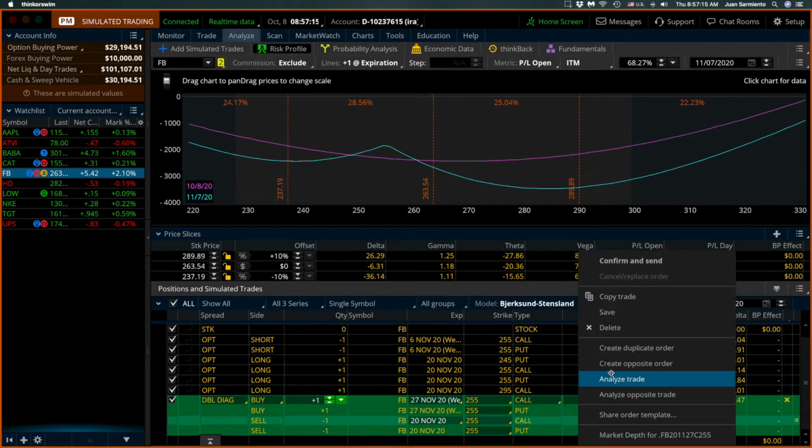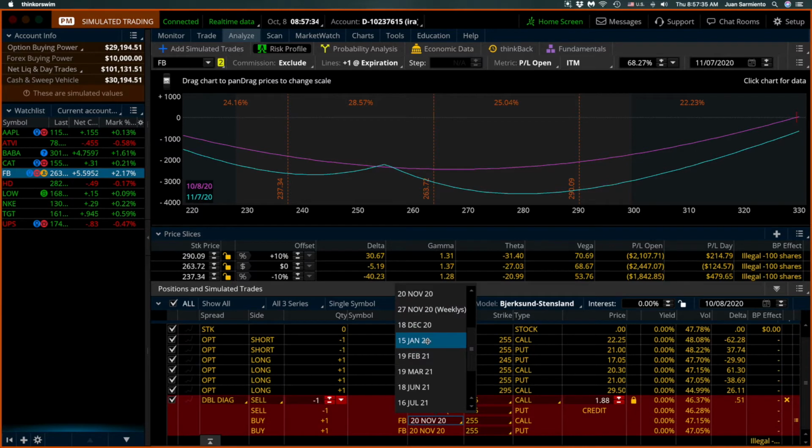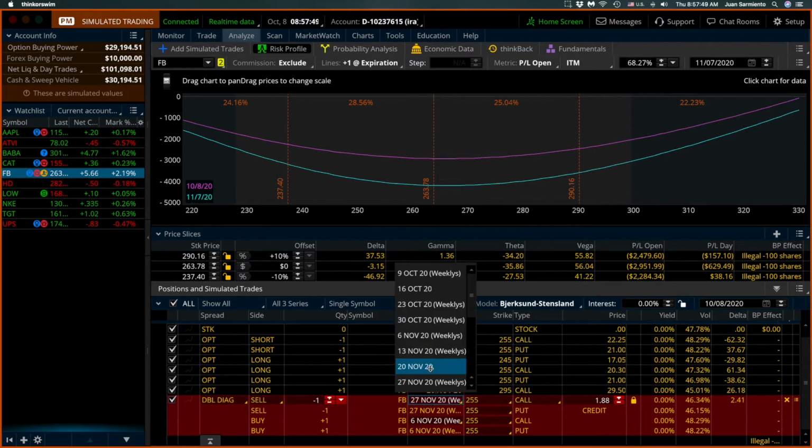Let's say analyze opposite. Here I can change my strike prices. No, the strike prices are fine. The November 6s are the ones that I have to buy back, and the ones that I have to sell are the November 20s.